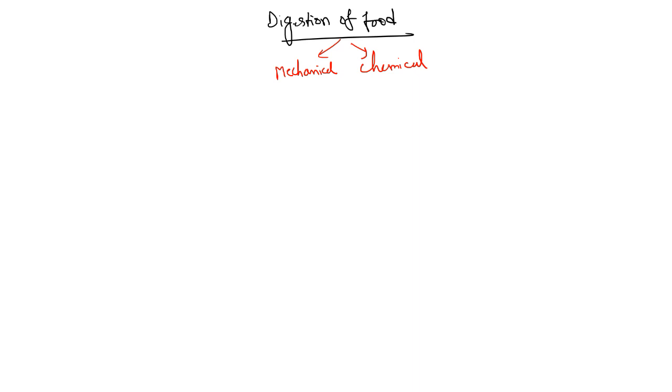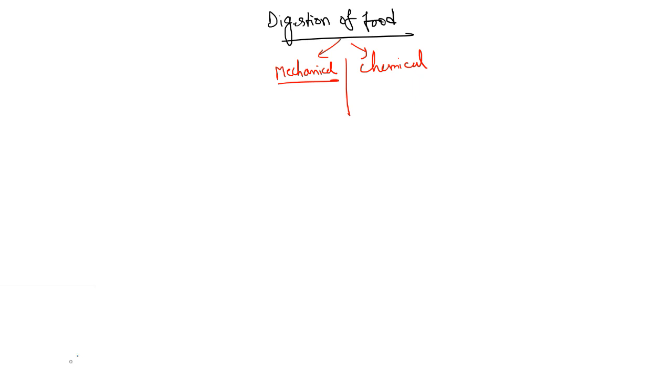Mechanical digestion is actually done only in the oral cavity or buccal cavity, which is known as mastication of the food. That is the only portion. The oral cavity is the portion where mechanical digestion is done.